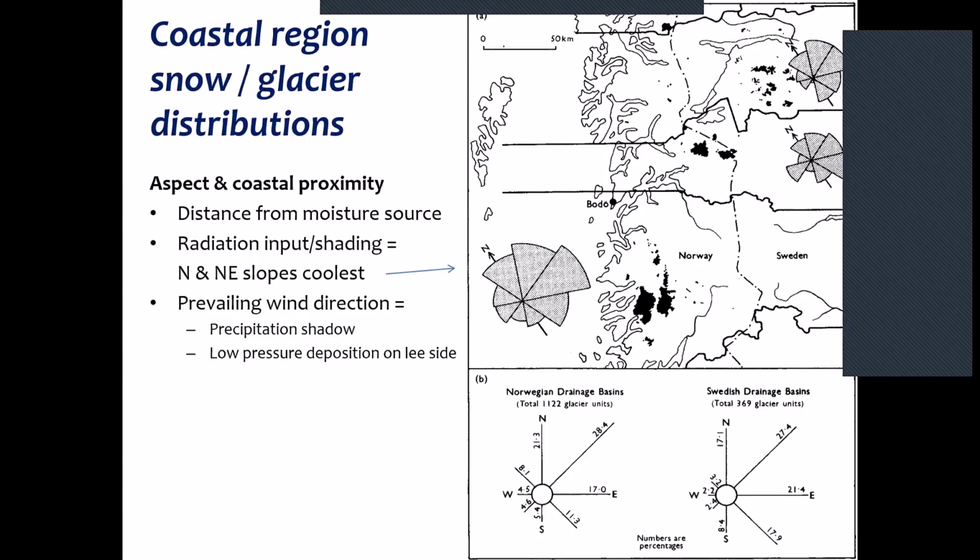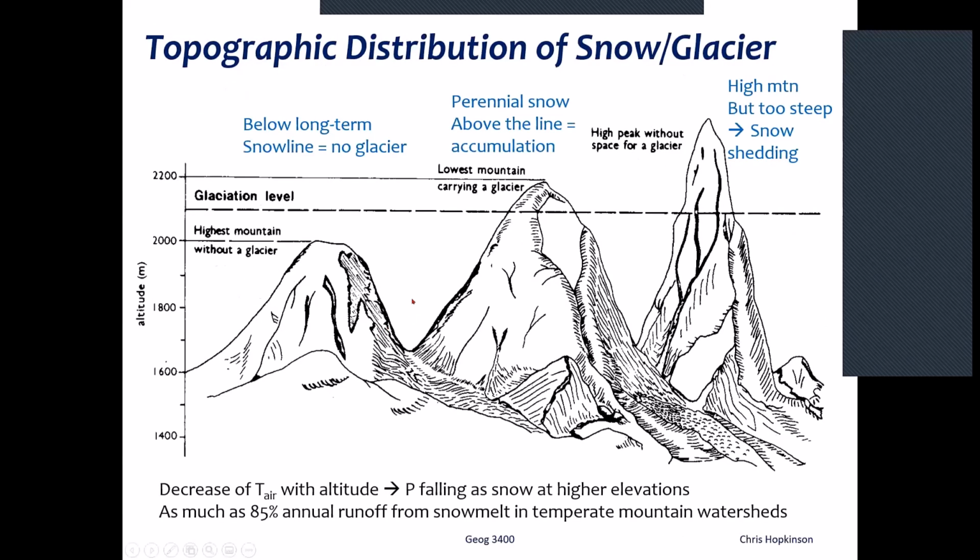Because as we can already see, if we're further inland, as we go from Norway to Sweden, further to the east, we get less snow. But at the mountain scale, or the mountain and valley scale, we actually see more snow on the eastern slopes than the western slopes because of the leeward snowpack deposition process. And we'll look at that a little bit more in a minute.